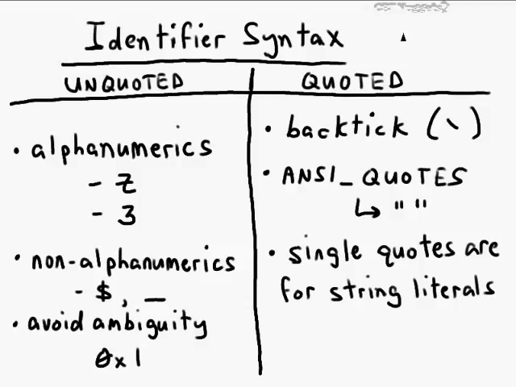The way we use identifiers is by naming them in MySQL. And there's two ways to refer to identifiers or objects, either in an unquoted fashion or quoted. Now, when we're using unquoted identifiers, we're just referring to them. For instance, we may run select star from world.city.